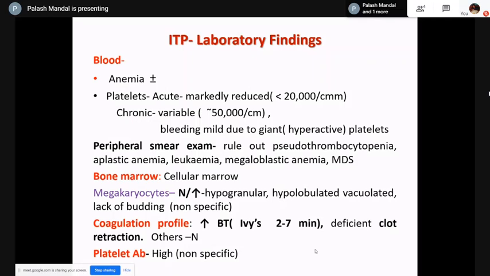So you see, whenever you examine a patient, keep your eyes, ears, everything open, and you have to have an active mind to understand what is the problem. You cannot take a long time to think what is the problem. If the problem is evident, you have to be very quick. That's how you can come to a quick diagnosis, and initially the diagnosis may be just a differential diagnosis.